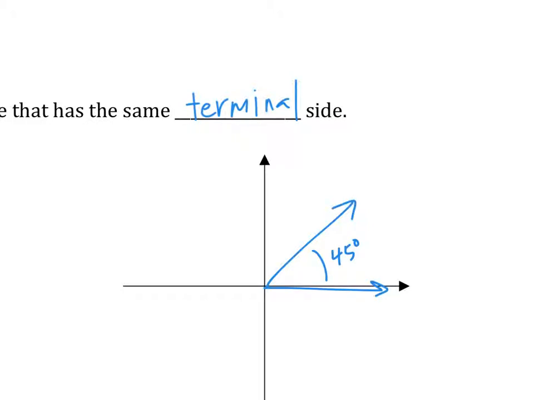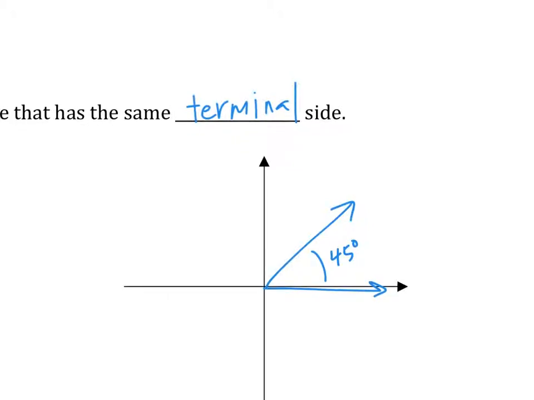What's another angle that ends on the same side? 360 plus that. Basically I can keep going around the circle forever and I will always end on the same side. I don't have to always go in the positive direction. I can go in a negative direction as well. Start on 45, minus 360, minus 360, minus 360, and I can do that forever. All of these will end on the same side.